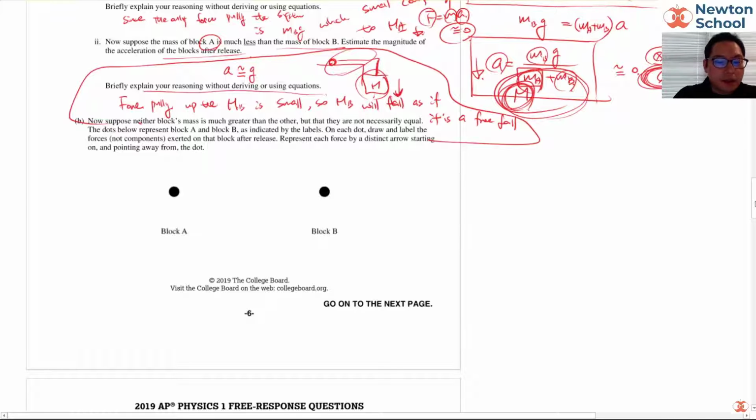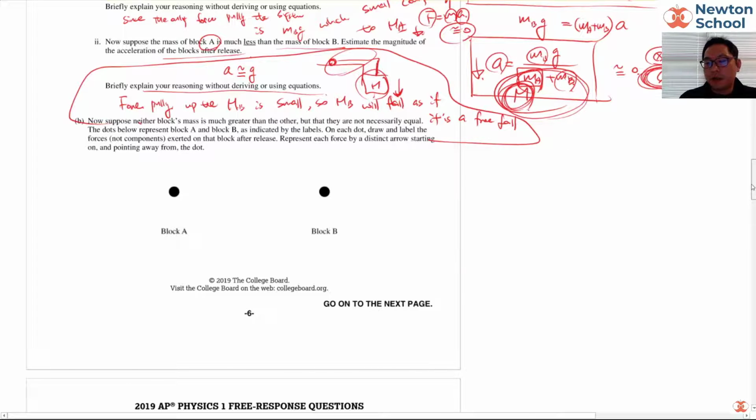Now suppose neither block's mass is much greater than the other. They are of relative size, but not necessarily equal. The dots below represent blocks A and B; indicate the labeled forces.